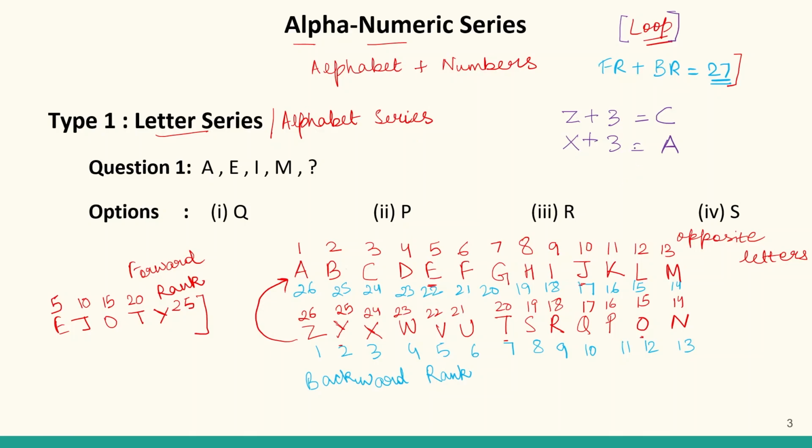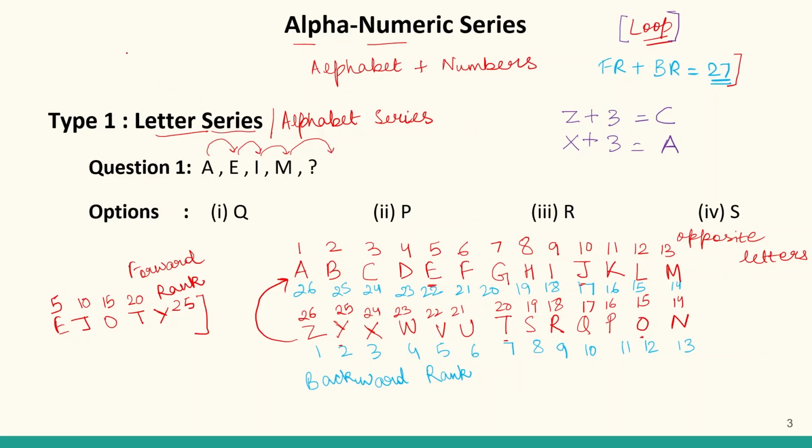So based on all these concepts, let us understand some more questions on letter series and alphanumeric series. Here, from A we are jumping to E, E we are jumping to I, I we are jumping to M, and we have to find out what will come after M. So how do we solve series?